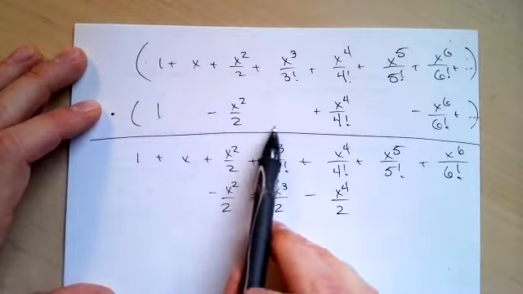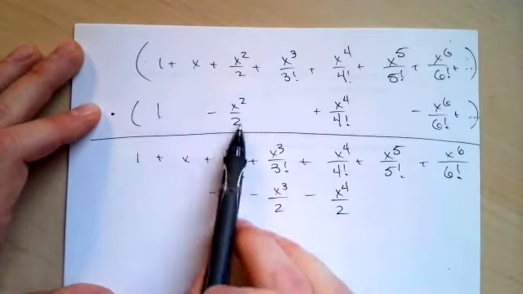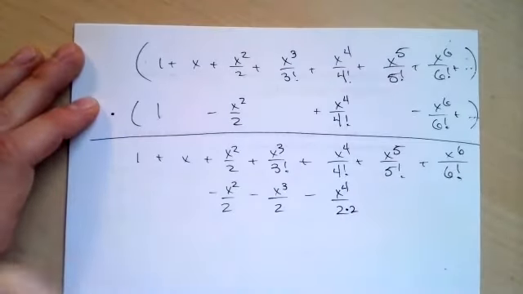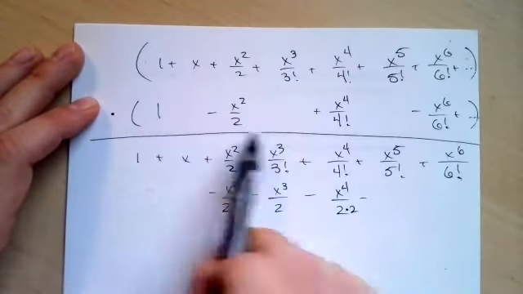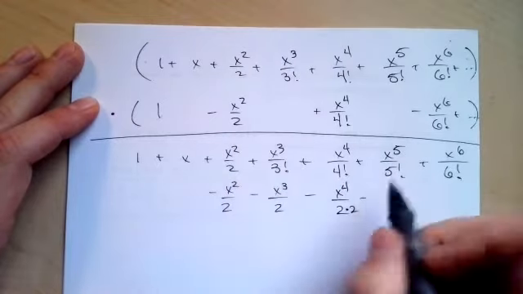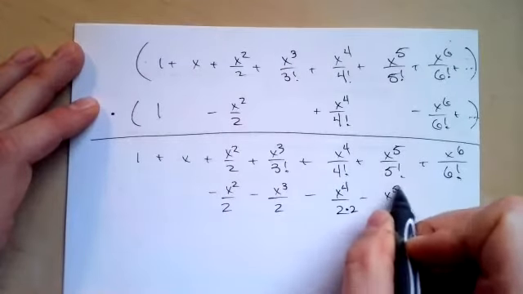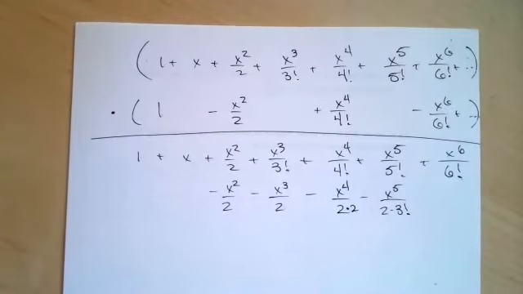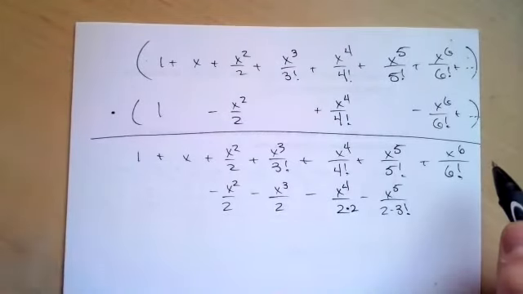Wait, where are we at? x cubed over 2 times 2, x to the 4th over 2 times 2. And then minus x to the 5th over 2 times 3 factorial. I'm not going to simplify these denominators just yet. I think we'll probably have to eventually.